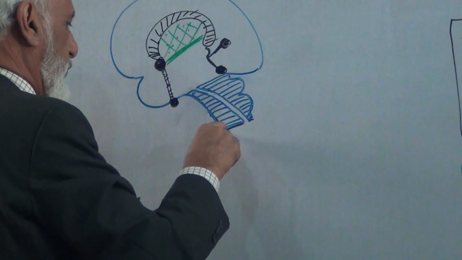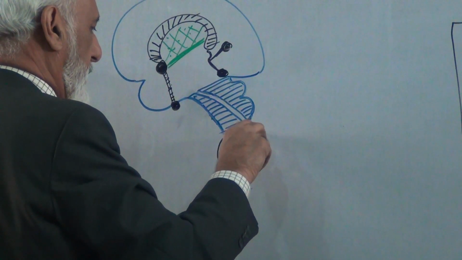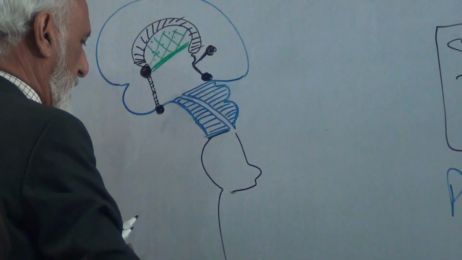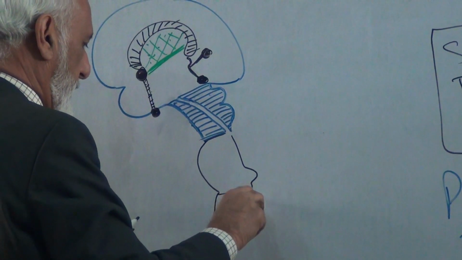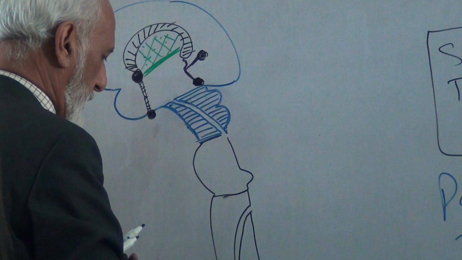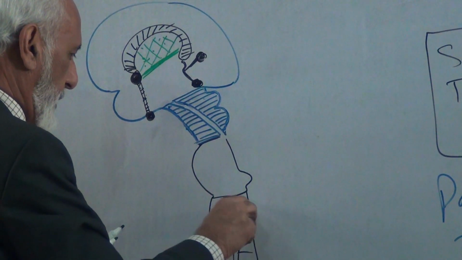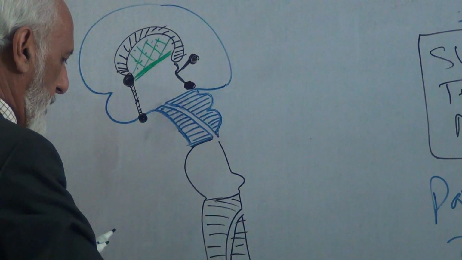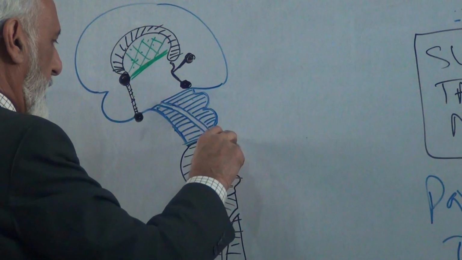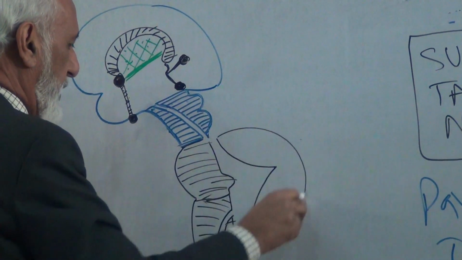This is a section through the pons. Then medulla oblongata. And behind the pons and upper part of the medulla oblongata is cerebellum.